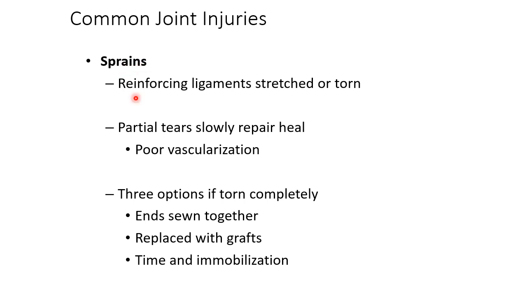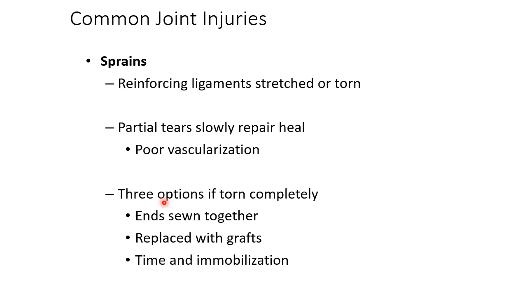You have sprains, right? So this is when the ligament gets very much stretched or torn. Now sprains usually just recover on their own, because what you're tearing here is really the collagen fibers, and those are going to be rebuilt. They heal, they slowly repair, and of course it's going to be very slow because you have poor vascularization at this site.